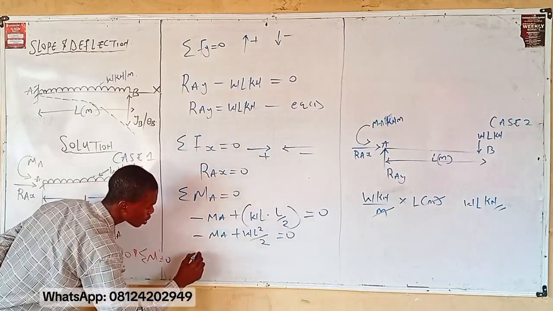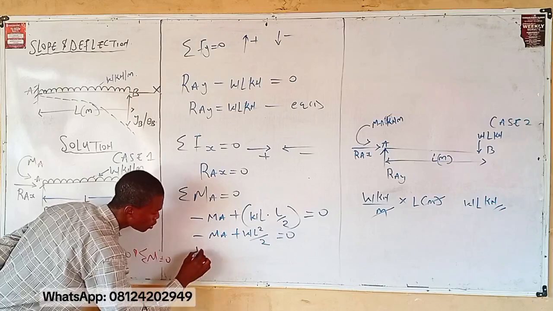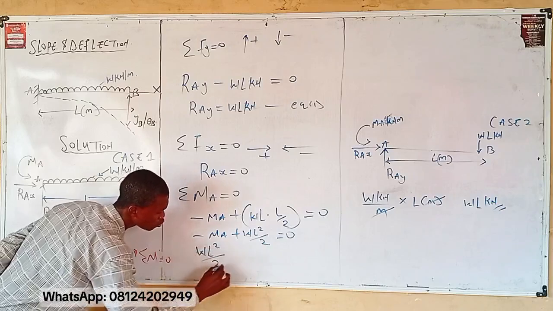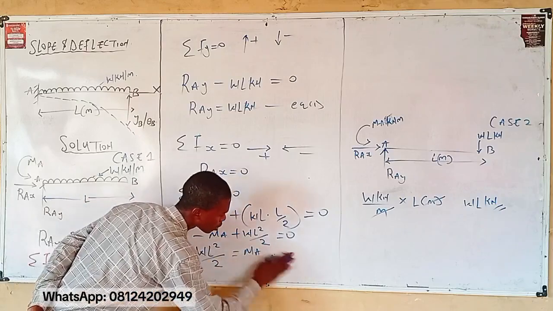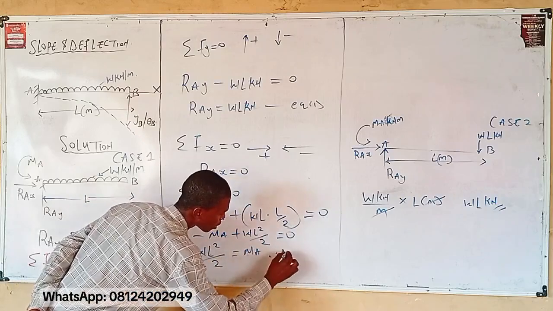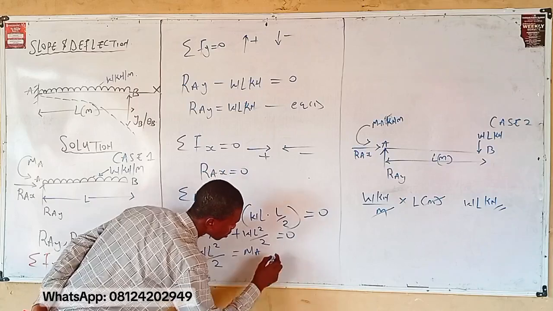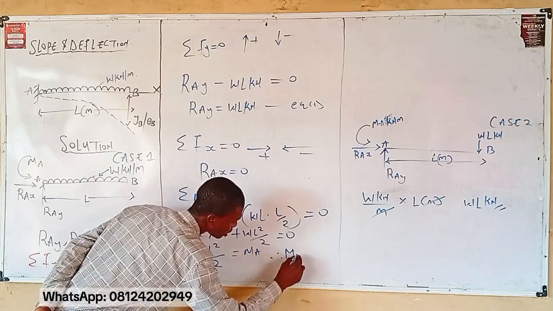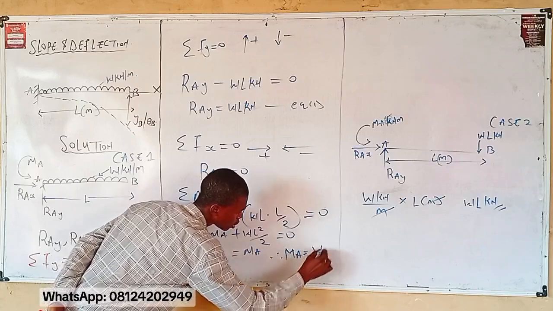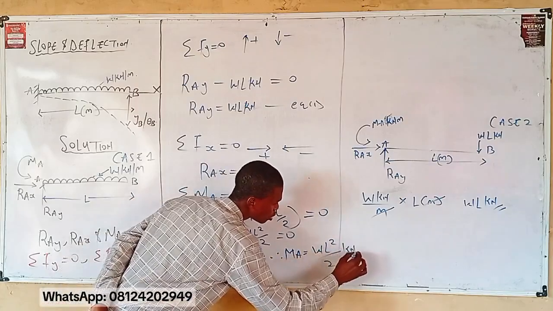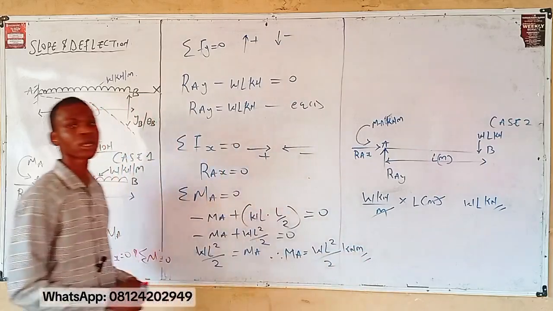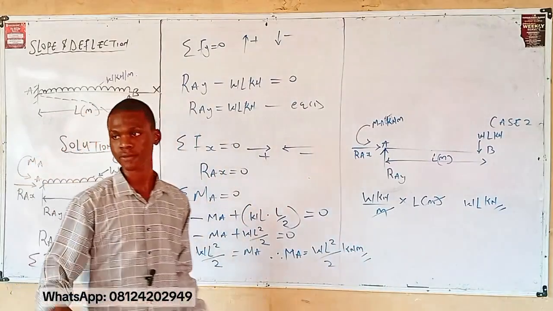It becomes WL square over 2 equals MA. Therefore MA is equal to WL square over 2. And what will be the unit? Kilonewton meter.